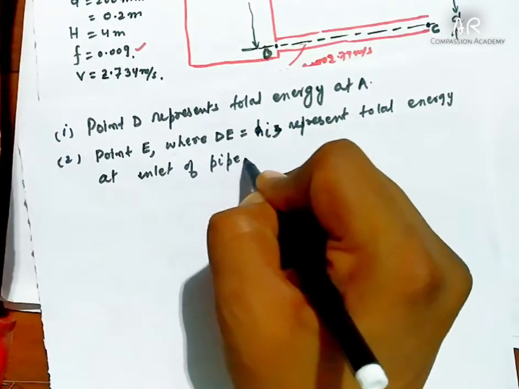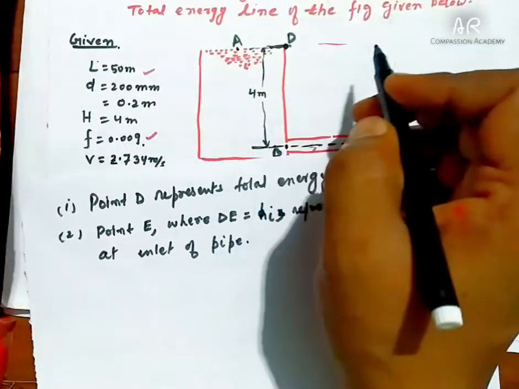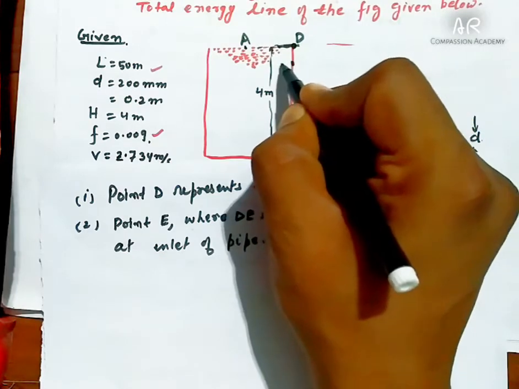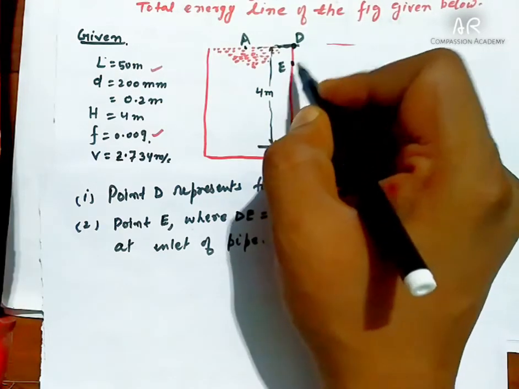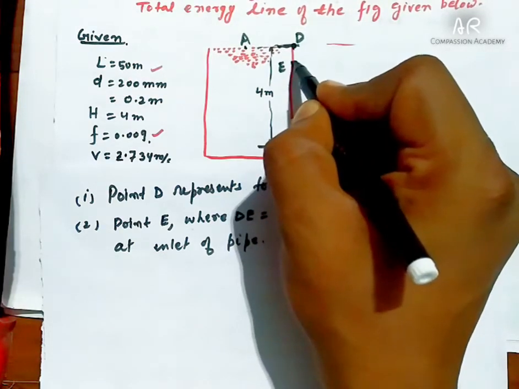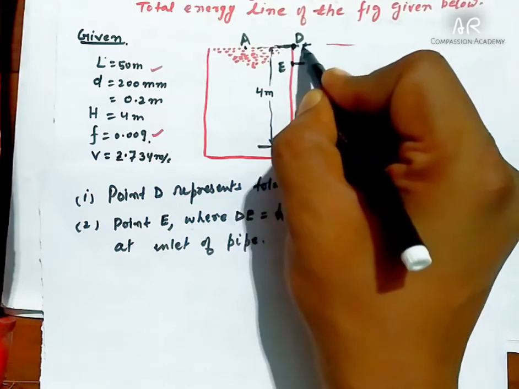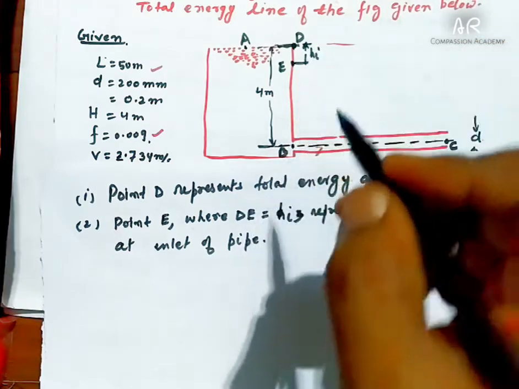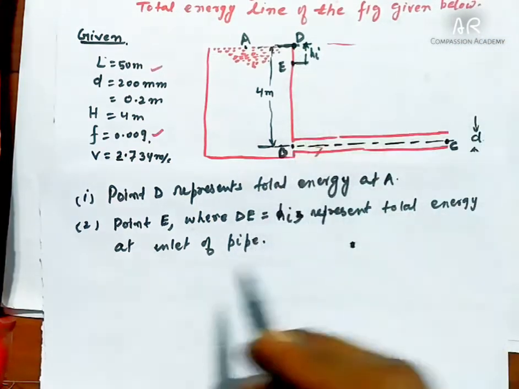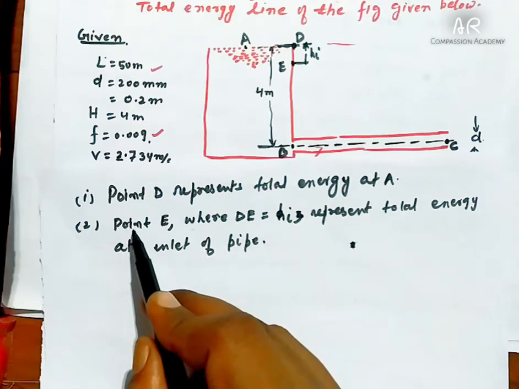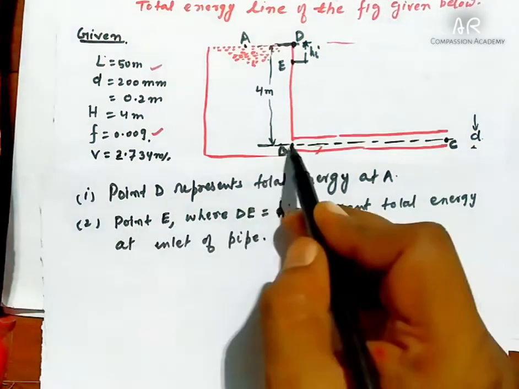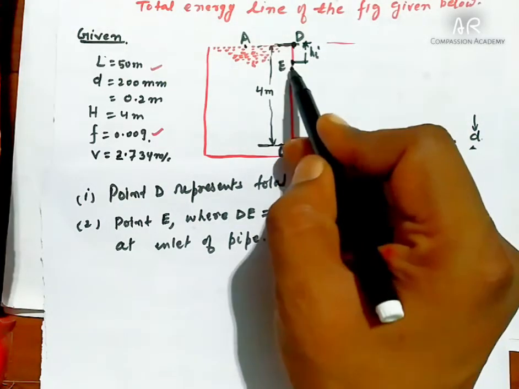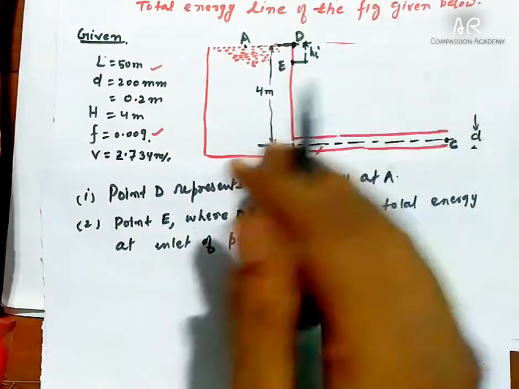Here we can take point E. This is the point E, and this energy is HI, the inlet loss. So point E is the total energy at point B, at the inlet of the pipe, and DE is HI.